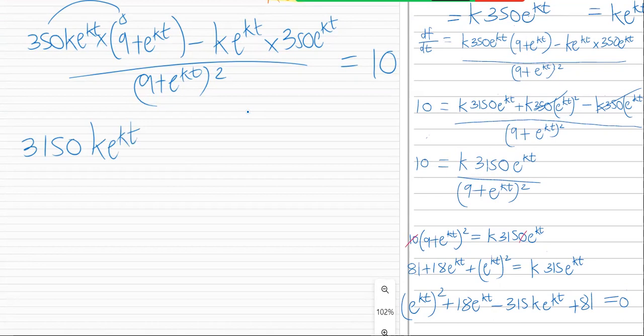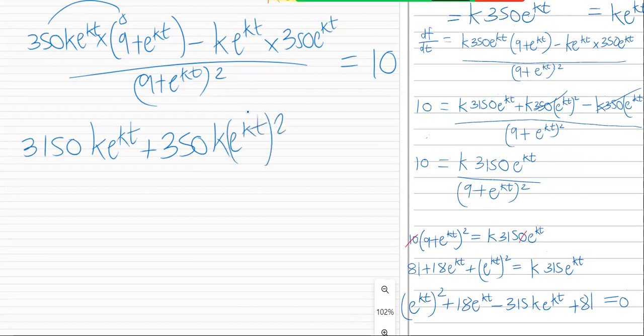And then 350 k e^(kt) times by e^(kt) is 350 k e^(kt) all squared.